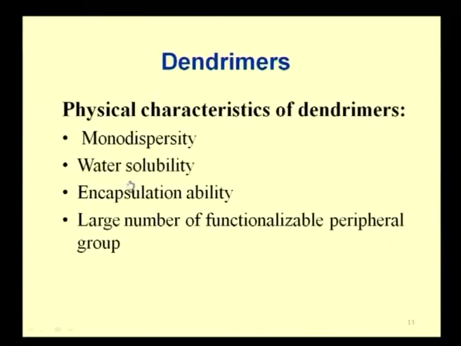And the second one is water solubility. All these are soluble in water, and hence the release is going to take place very easily from such systems. And then the encapsulation ability. This is the most important character for the dendrimers because of the presence of the shorter branch chains available in the molecule. They have a specific ability for the encapsulation of the drug.